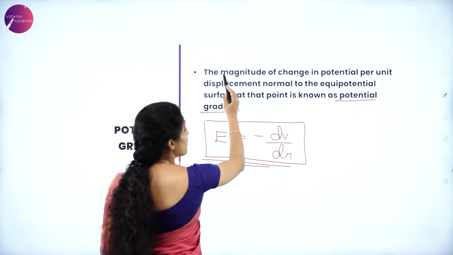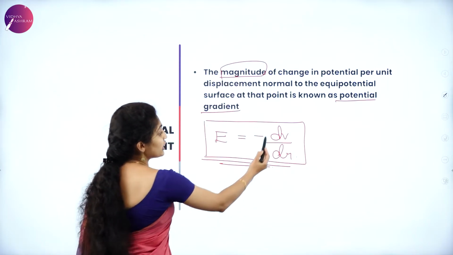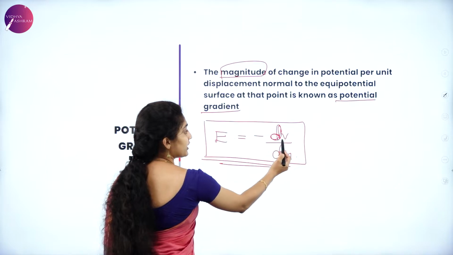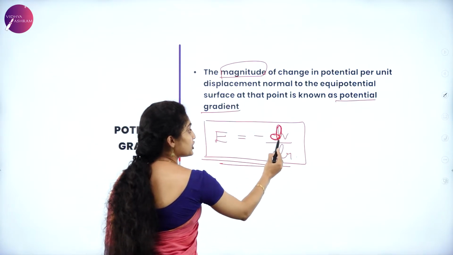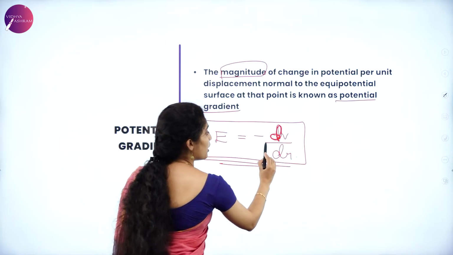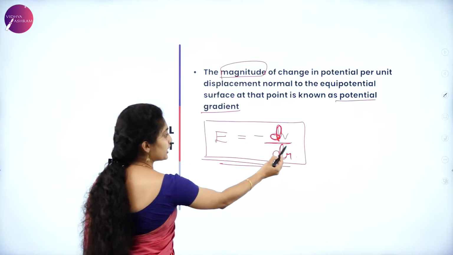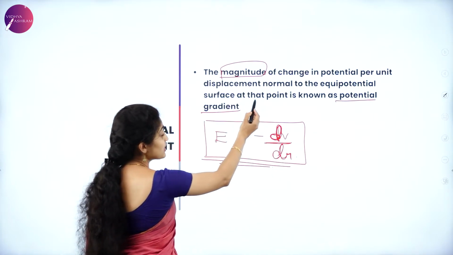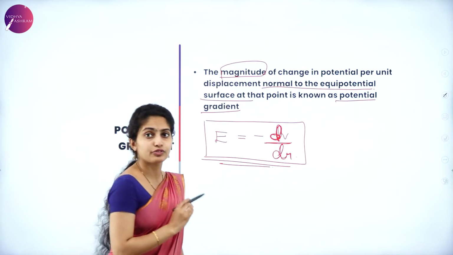It is the magnitude of change. D or delta means it is always a change. It is a magnitude of change in potential per unit displacement, which is mentioned over here, dr, per unit displacement, normal to the equipotential surface.